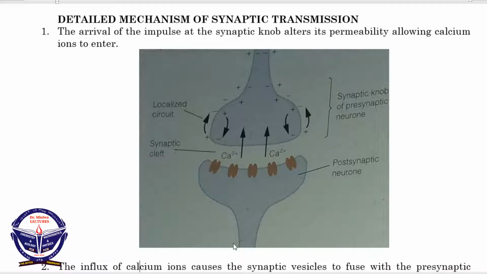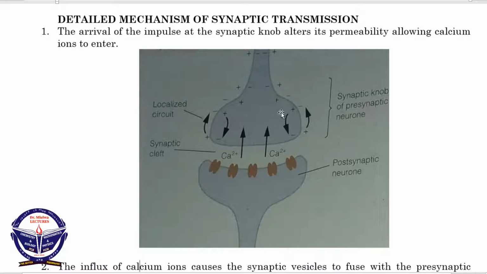As we said, the arrival of the impulse at the synaptic knob alters its permeability and allows the calcium ions to enter. This diagram shows how the impulse comes from the presynaptic neuron, the synaptic knob of the presynaptic neuron.